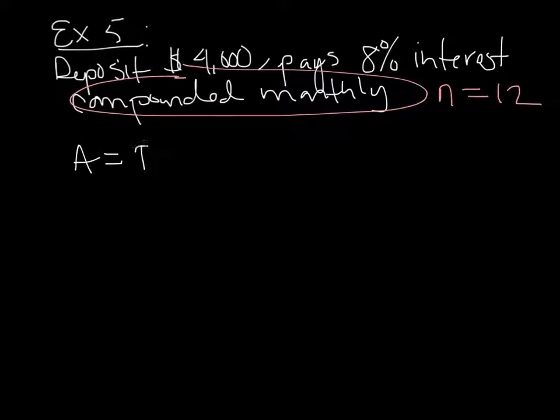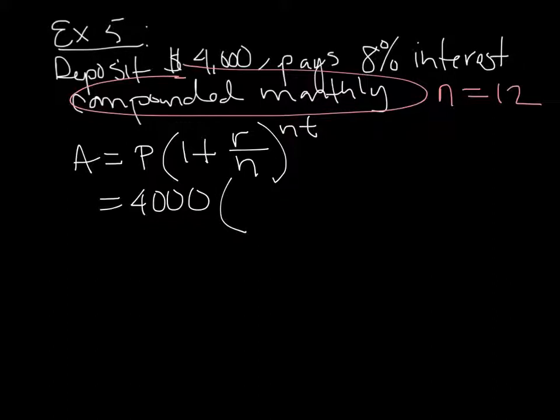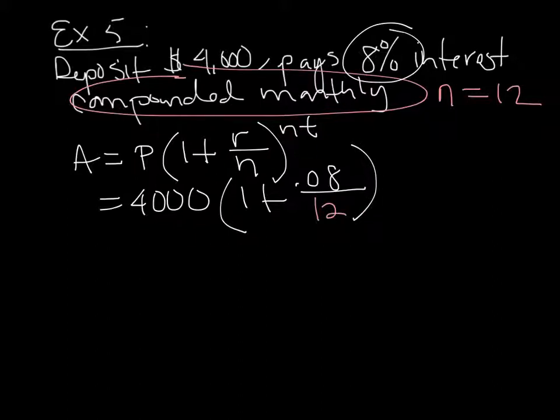So we use our compound interest formula. A equals P, so the future value equals the present value, times 1 plus r over n, to the nt. We're just solving for A. Our P, our deposit, is $4,000, times 1 plus our r, which is 0.08, divided by n, and our n is 12, raised to the nt.